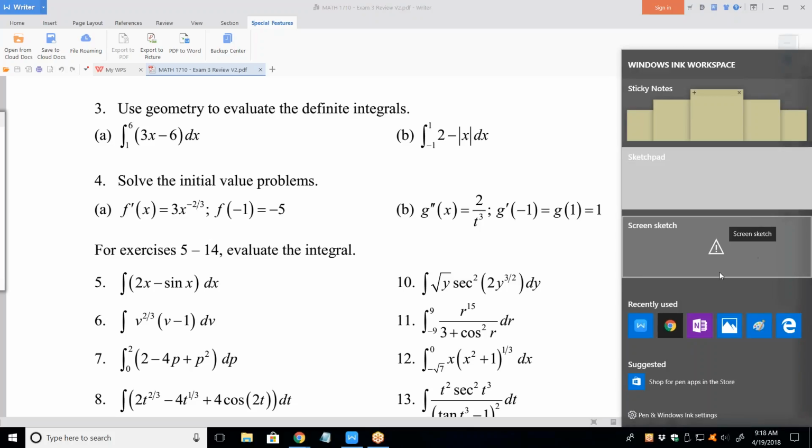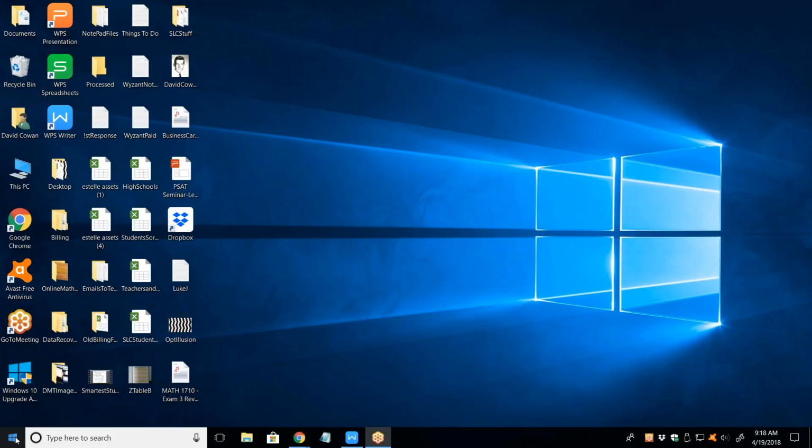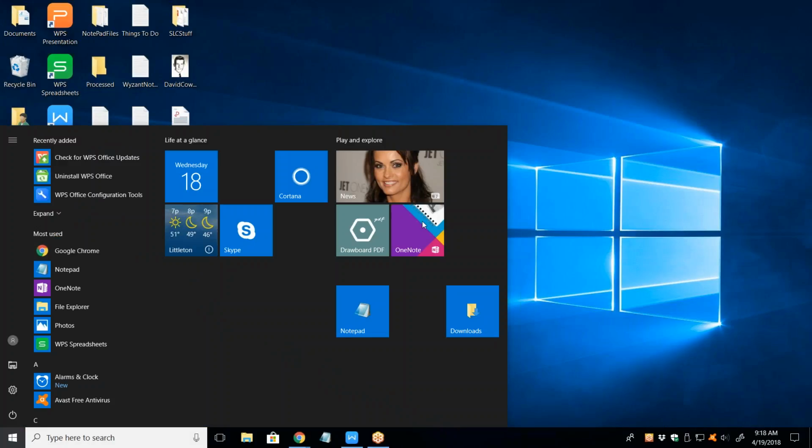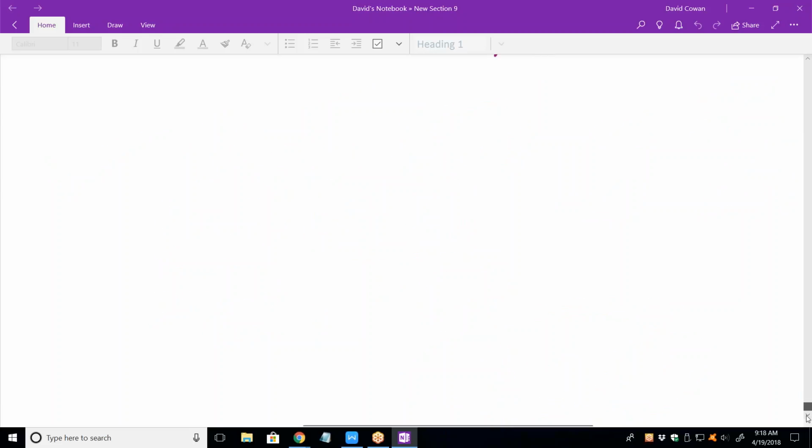Screen sketch is not working. Well, let's do this a different way. Okay, let's see.